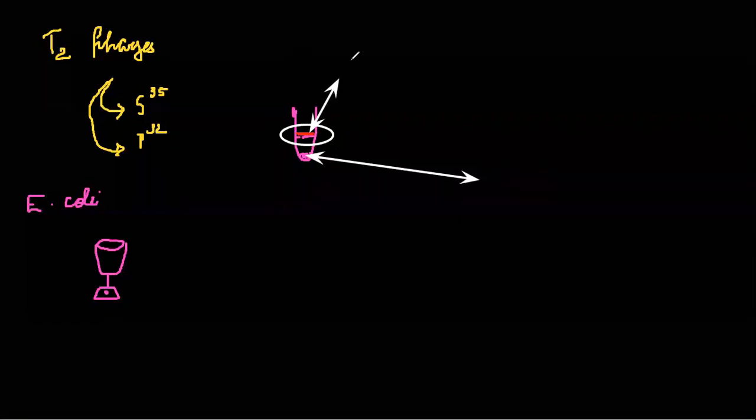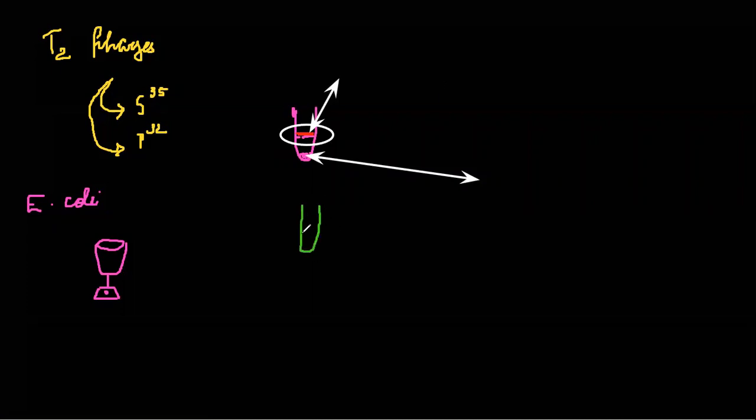In the second test tube, what happens is that here you have the bacterial cells, and the radiations were emitted from the bacterial cells.